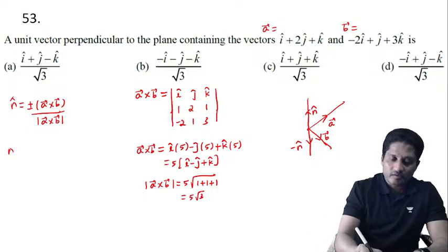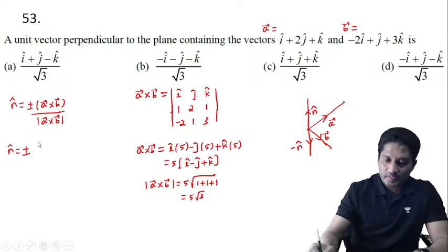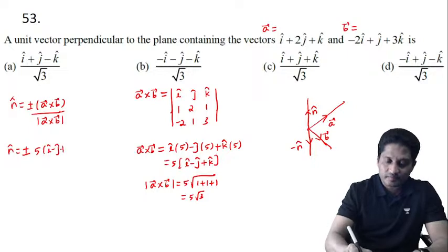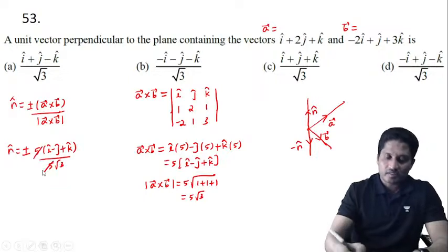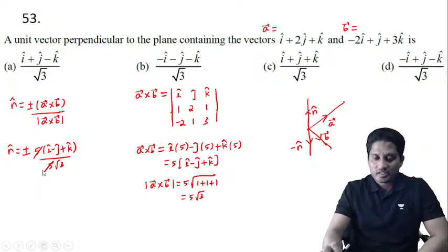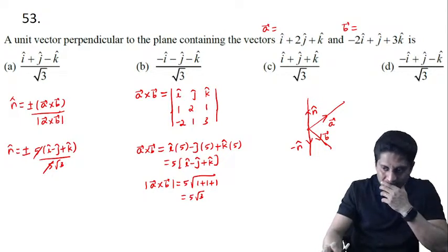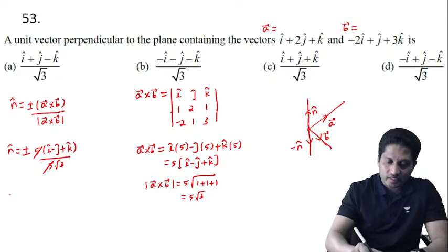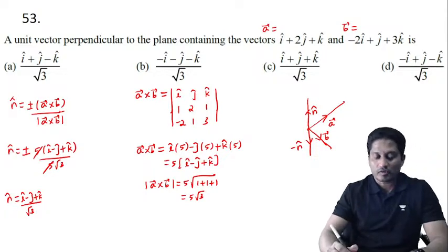Right, now n cap is equal to plus minus A cross B, that is equal to 5 times i minus j plus k upon 5 root 3. This 5 and 5 cancel. So it is i minus j plus k. So plus minus, right? Two cases will be there. If I take plus sign, it is i minus j plus k upon root 3. There's no such option.